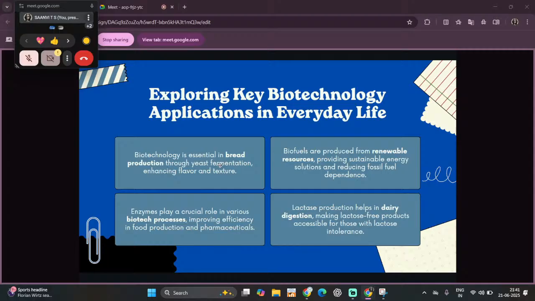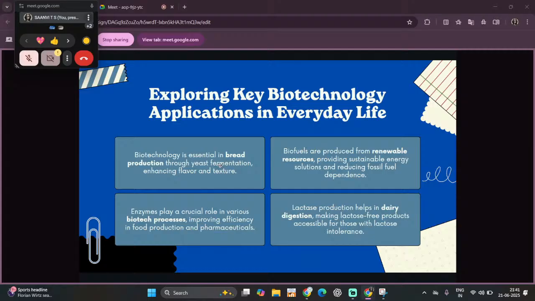Biotechnology is essential in several industries like bread production, which utilizes yeast fermentation, which enhances flavor and texture. Biofuels are produced from renewable resources, providing sustainable energy solutions and reducing fossil fuel dependence. Enzymes play a crucial role in various biotech processes, improving efficiency in food production and pharmaceuticals.